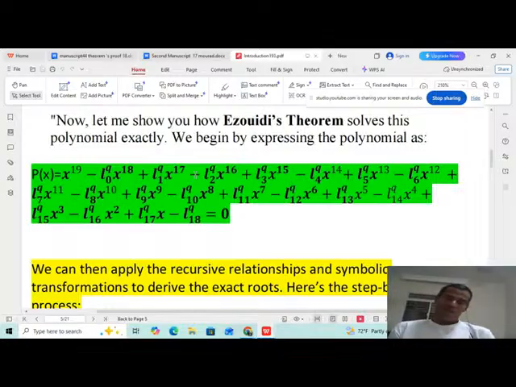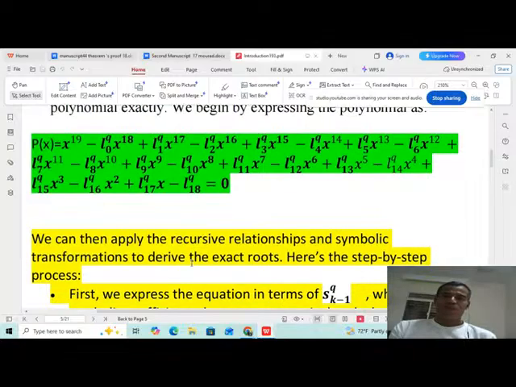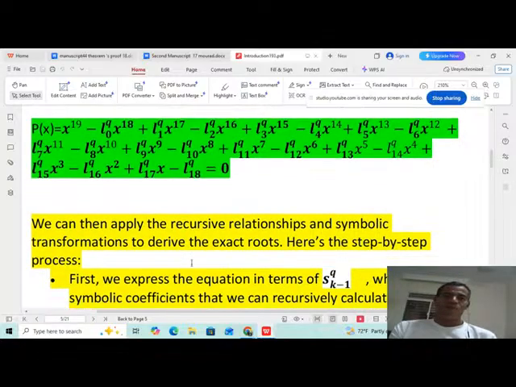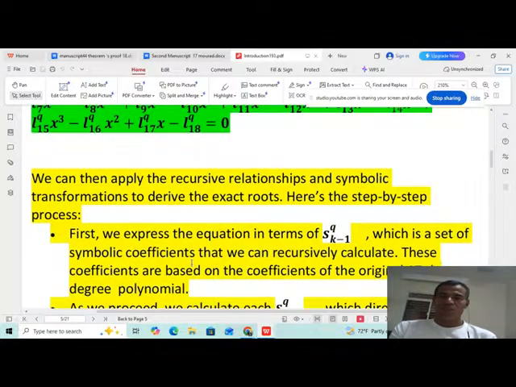So because you are after that you are going to write L0 is negative. The first term is L0 is if you wrote here plus, so it would be negative L0 for the Q. Okay, so here we can then apply the recursive relationship and symbolic transformation to derive the exact roots. Here is the step-by-step process.